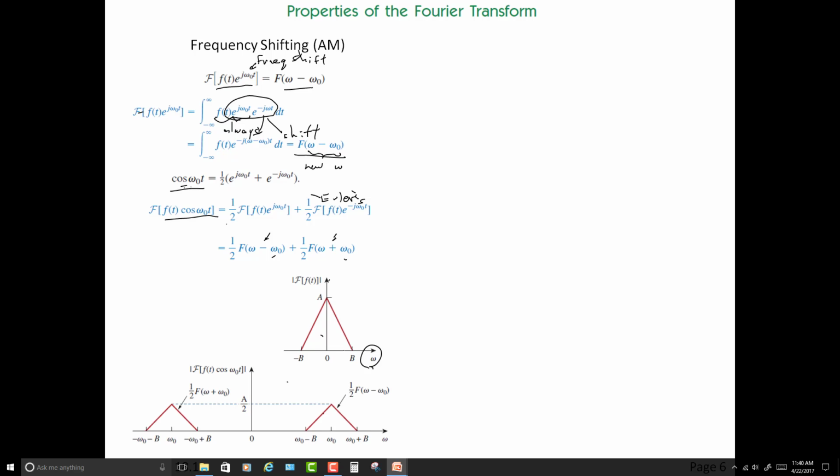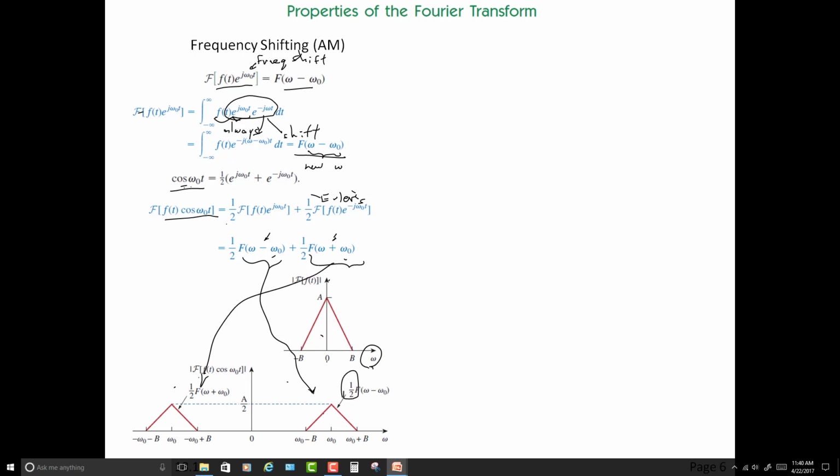We get something that's half the value in amplitude at each point, so even the peak is half. But now we've got distributions on both sides of the zero axis. This one here went over here, and we have the other side of it as well, which goes over here. So that's the frequency shifting that takes place, and you actually are splitting.